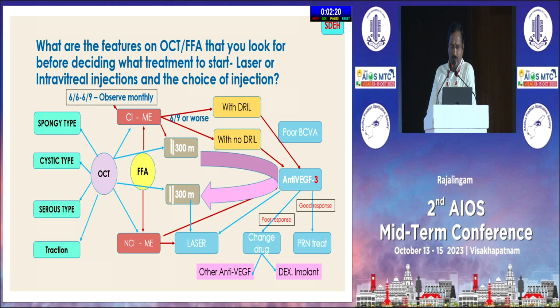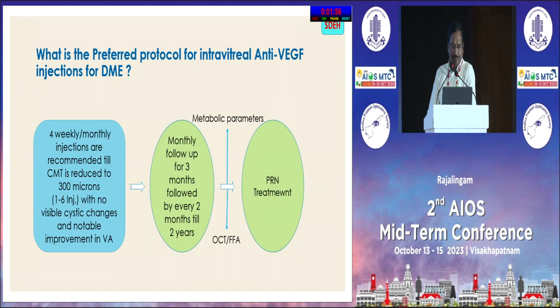If you find any DRIL findings, you have to give a poor visual prognosis even after treatment. If the patient responds well, then subject the patient to the PRN method. If the patient gives a poor response, then you have to think about whether to change the drug within the same group or select a drug from a different group.